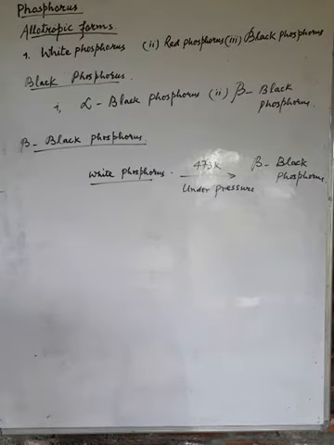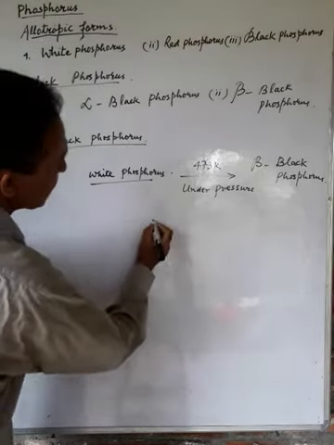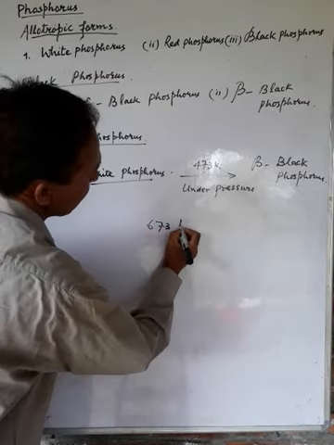This beta black phosphorus is similar to graphite, and it does not get oxidized when it is heated up to 673 Kelvin.